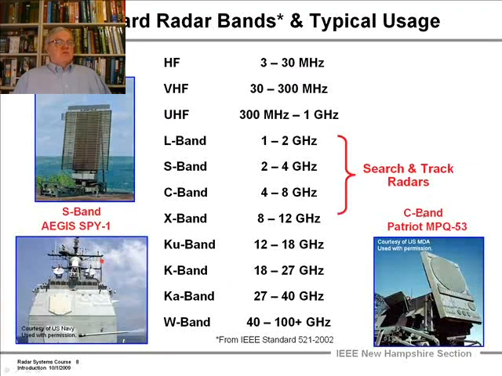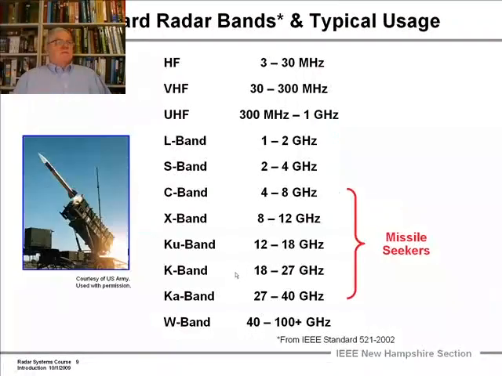I put these up just to show you that radars that perform both search and track functions operate from L-band to C-band and even into X-band. Okay, now if we want to put a radar on a missile and use it as guidance to guide the missile to a target, we've got a very small aperture size for the missile.